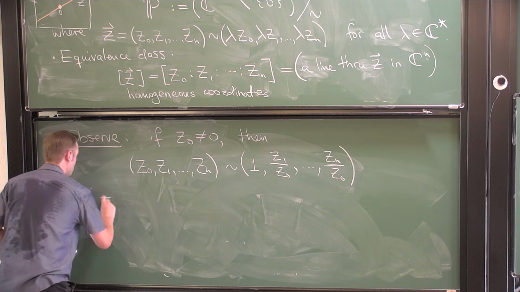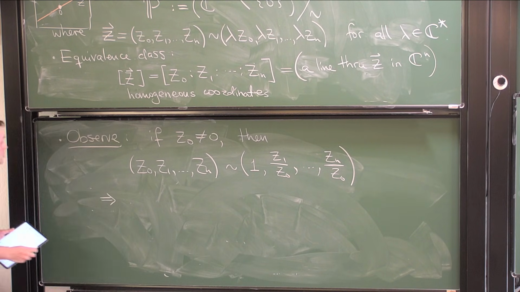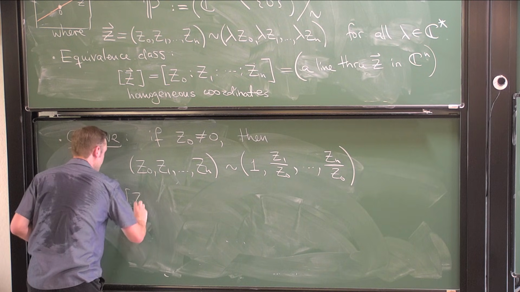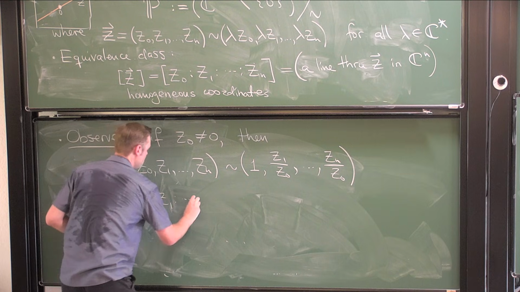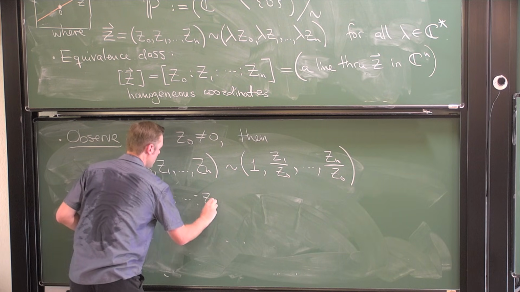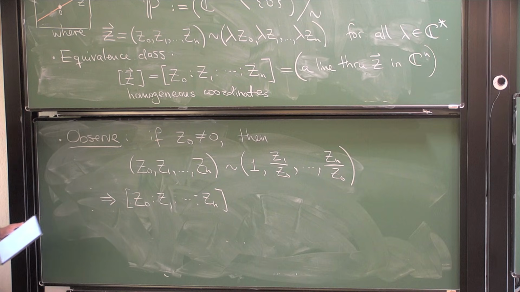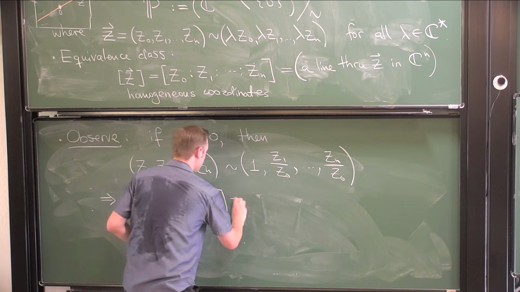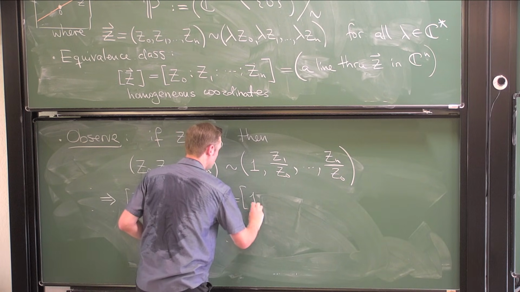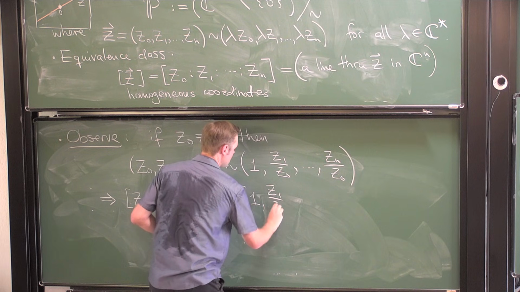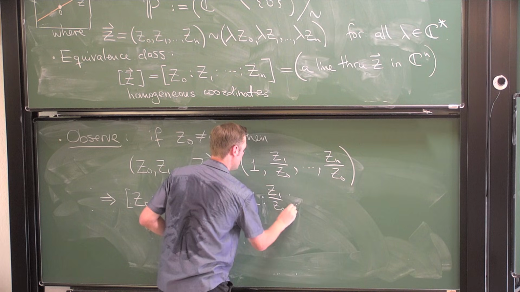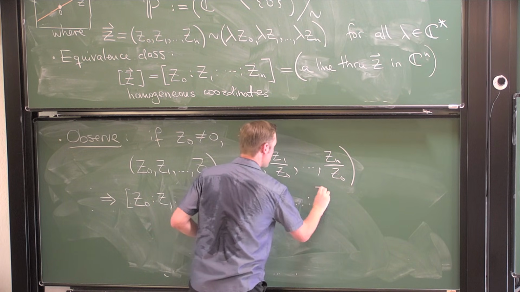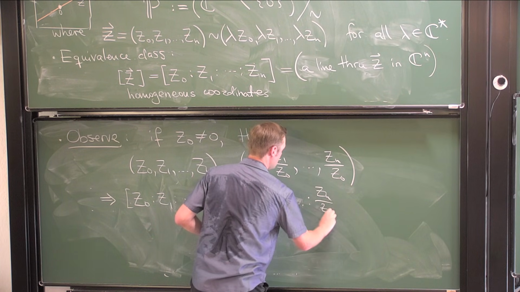Or in other words, the way I would write this using homogeneous coordinates, as I always do, is that the point with homogeneous coordinates z0 down through zn is the same point with homogeneous coordinates 1, z1 over z0, down through zn over z0.